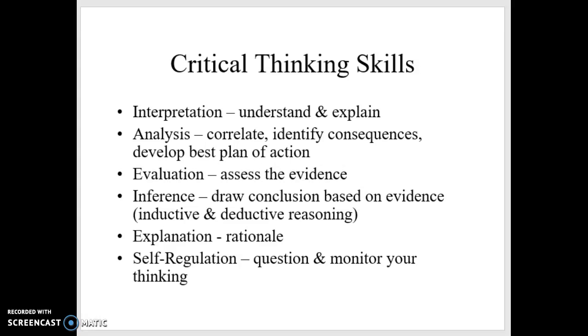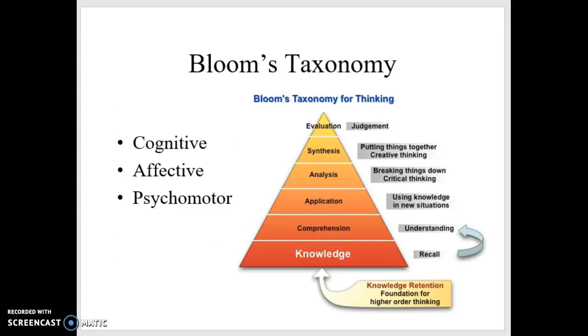When we look at Bloom's taxonomy, it includes levels of learning as well as levels of thinking. It's our cognitive skills, our affective, and our psychomotor. We use them in all of the areas that we function.